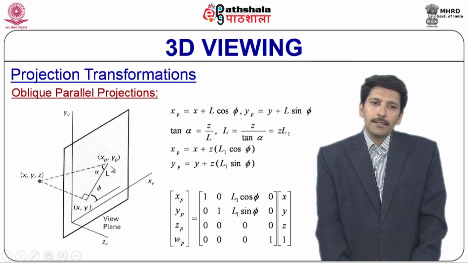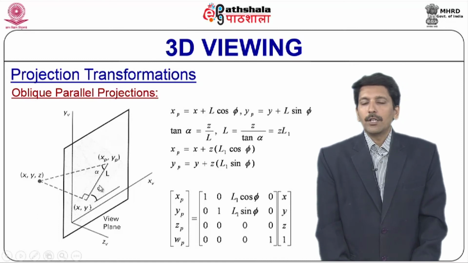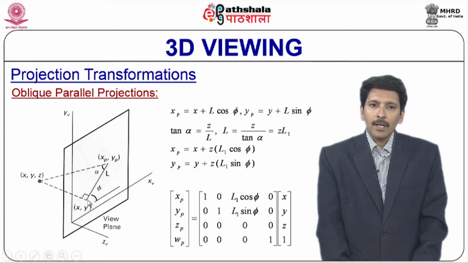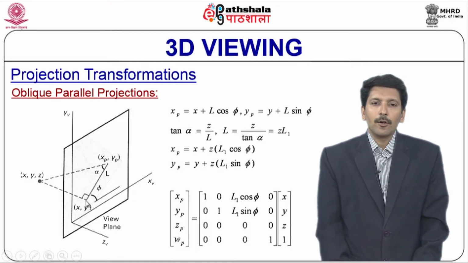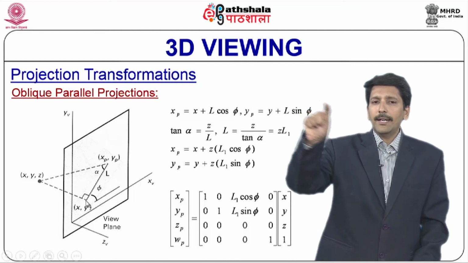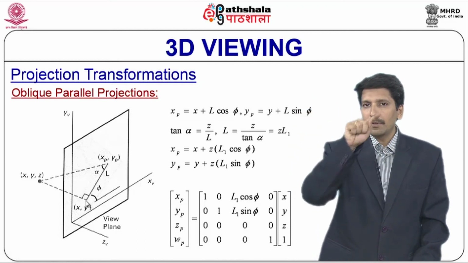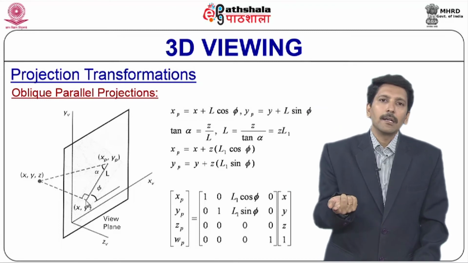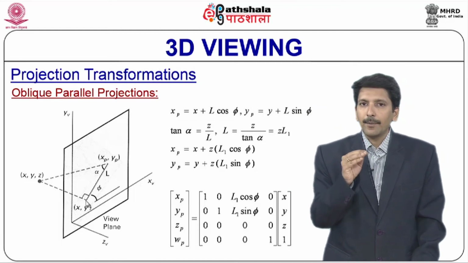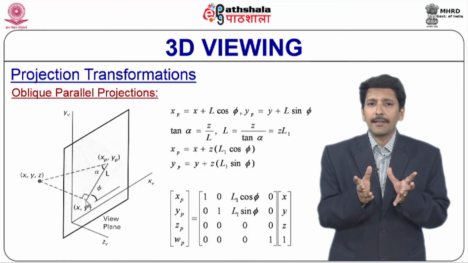Now, this is another angle phi, which is made by the imaginary line L with the x axis. Let phi be the angle made by this line with the x axis, that is, with the x_v direction. From that position you can draw a line parallel to the x direction and compute the angle, which is nothing but phi. So, phi is the angle between L and the x axis.